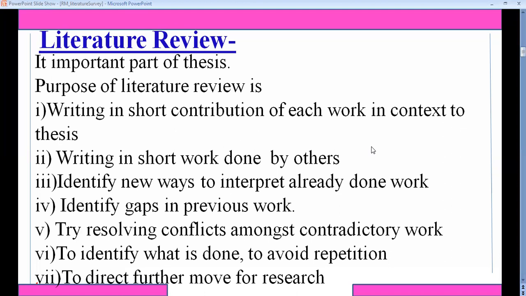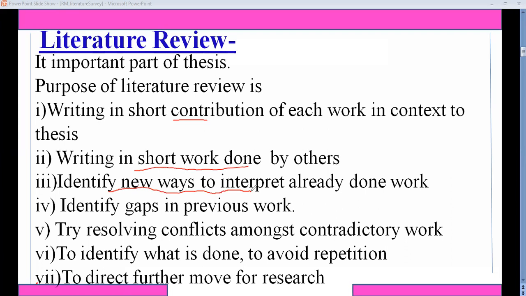So we write the contribution of each work. Then we write in short about their work, the contribution. When we see 6 to 8 papers, we have to also apply our interpretation of what they have done.